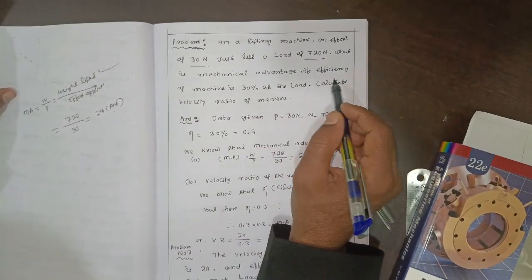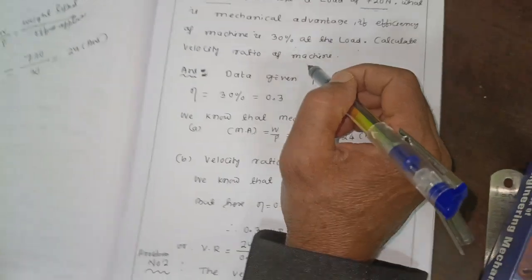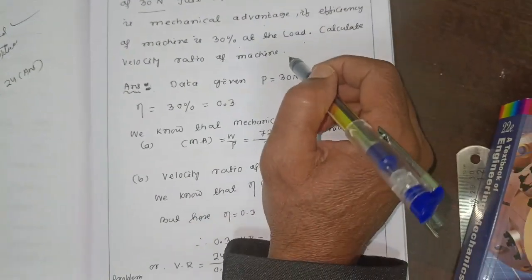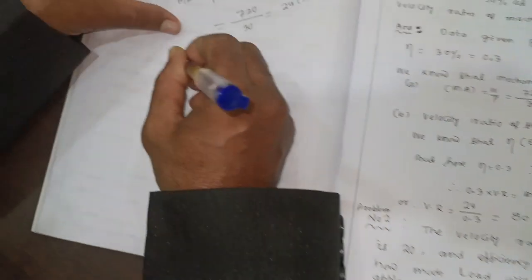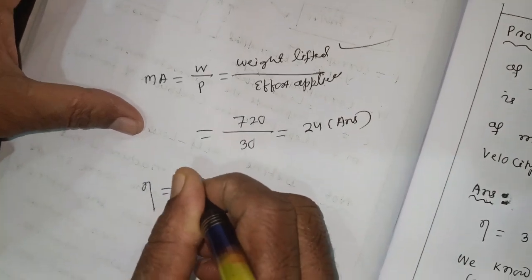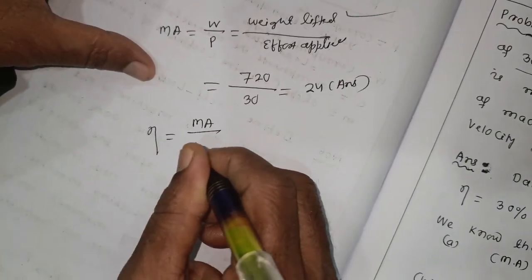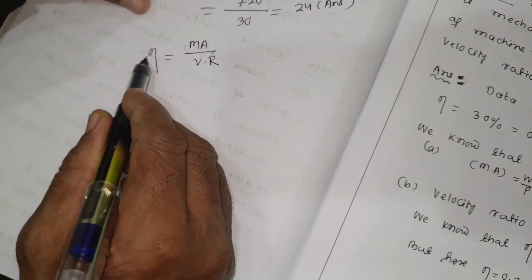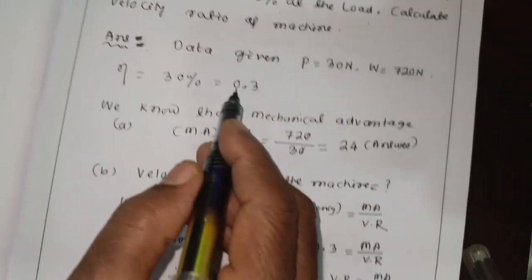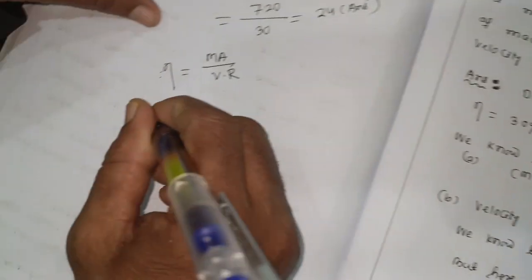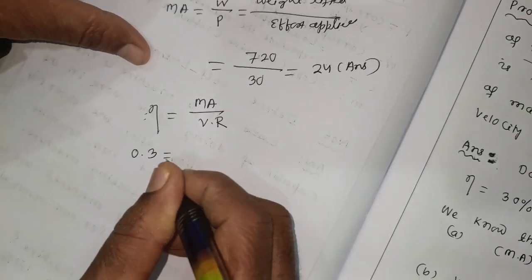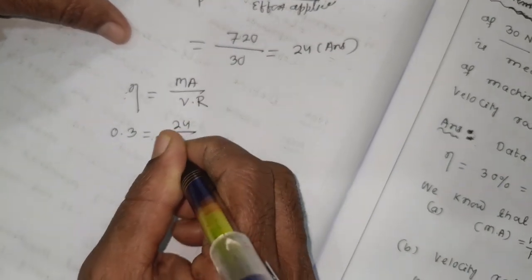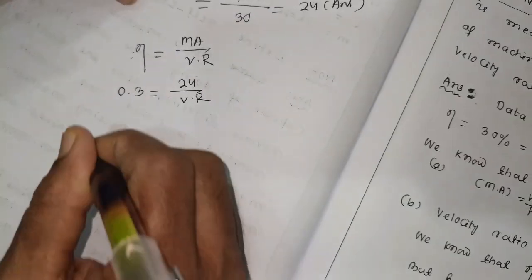Next question is calculate the velocity ratio of machine. We know that efficiency is equal to mechanical advantage by velocity ratio. Efficiency is given, that is 30%, which means 0.3 is equal to 24 by VR.